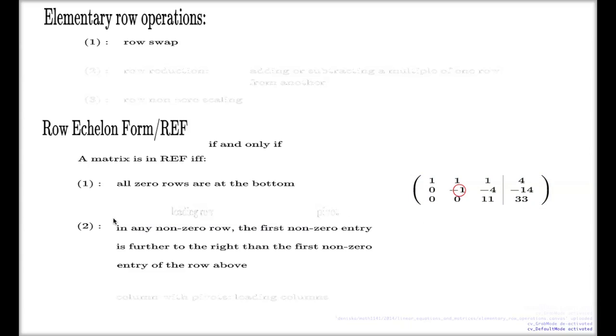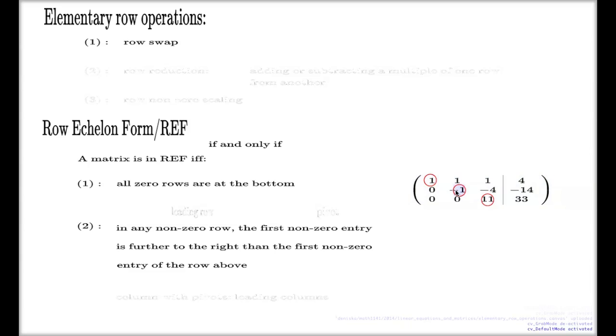According to the criterion, it's supposed to be further to the right than the first non-zero entry in the row above. Here it is. And here it is. And now I made my test. You see, in every non-zero row, first row, second row, third row, the first non-zero entry is further to the right than the similar entry in the row above it.